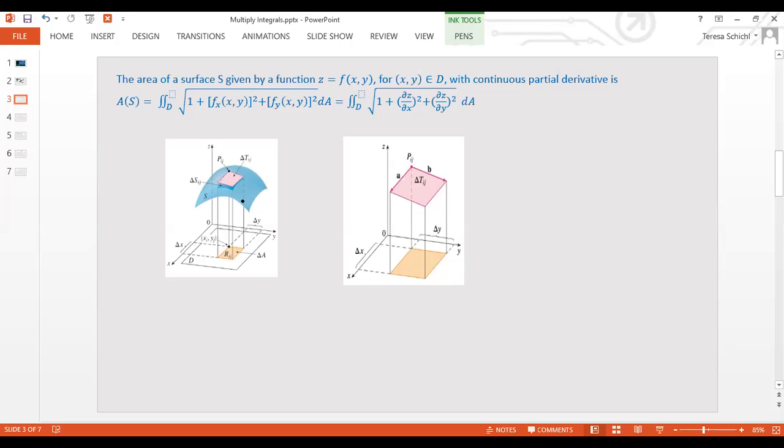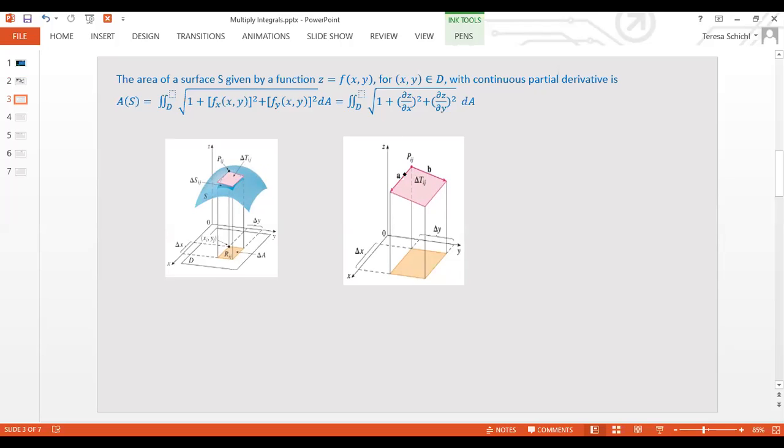It's just like in Calc 2, where you use line segments to estimate the curves, right? If you blow up this tangent plane, you will see you have A and B.